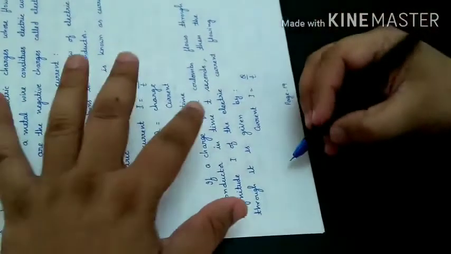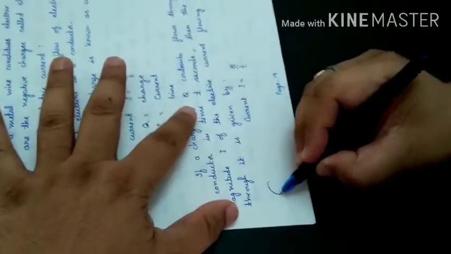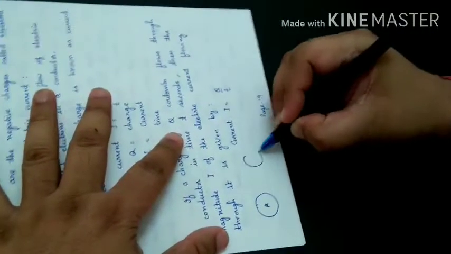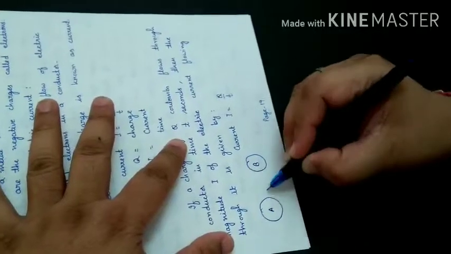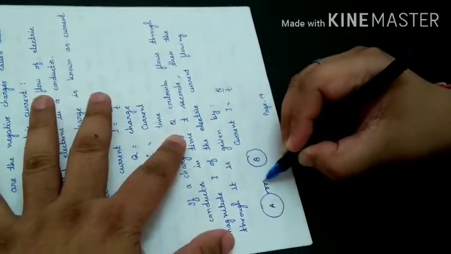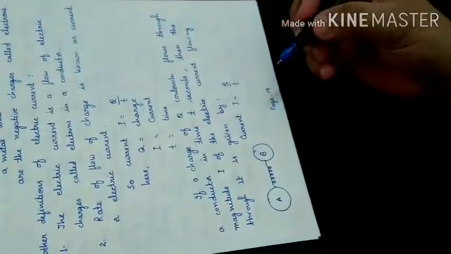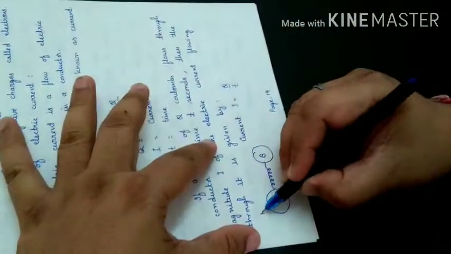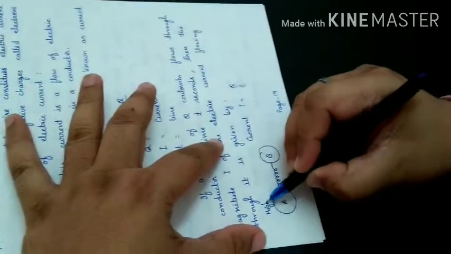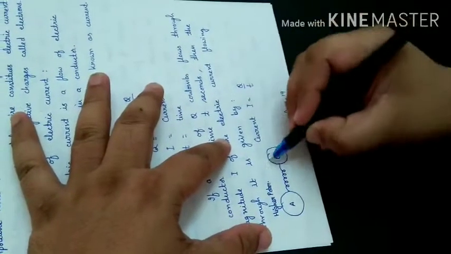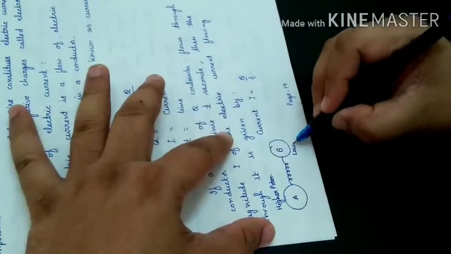And through the diagram, suppose we have one conductor A, another conductor B, and it is connected with a wire, then the charge flows from higher potential towards the lower potential.